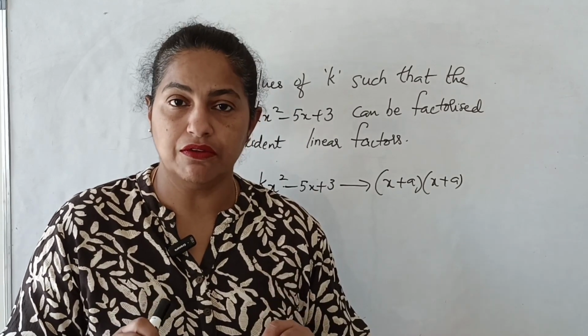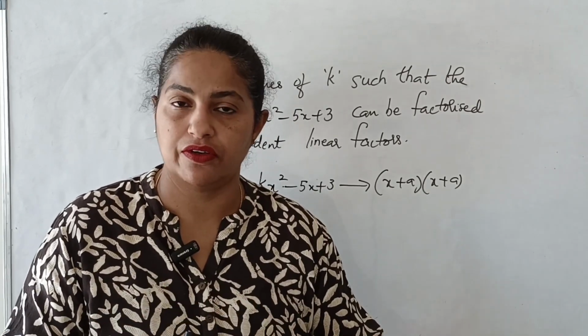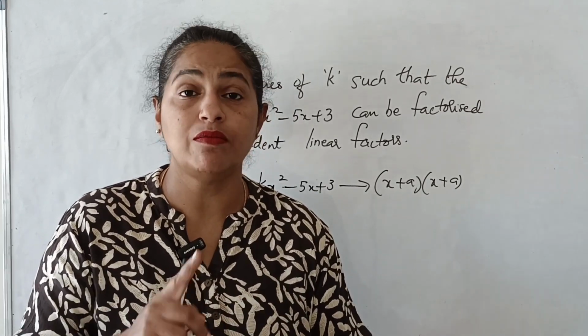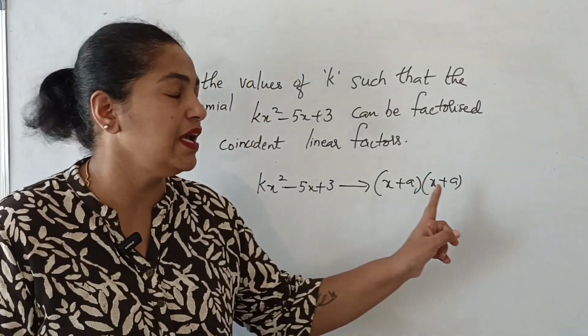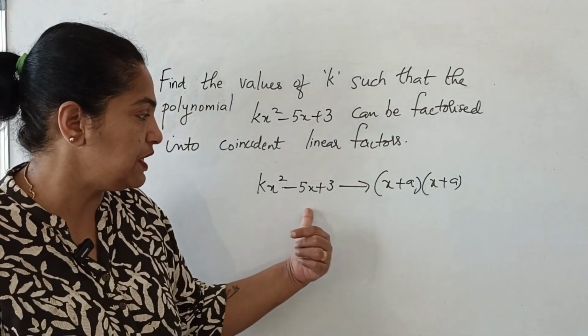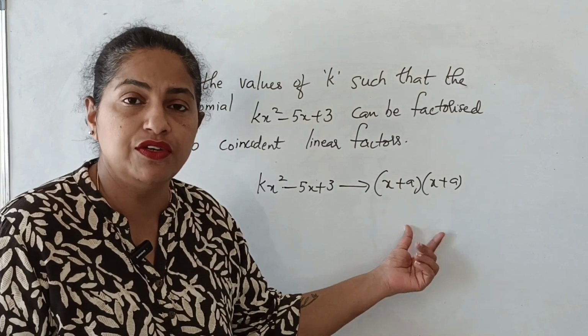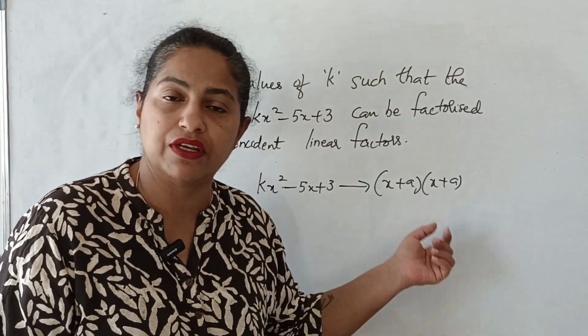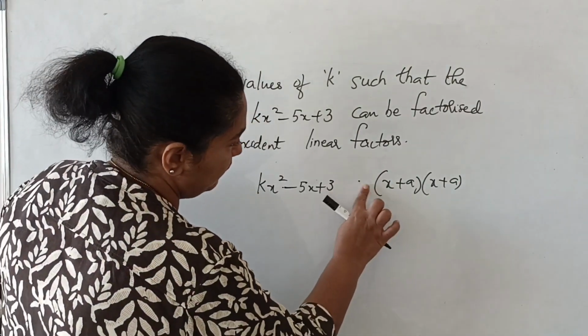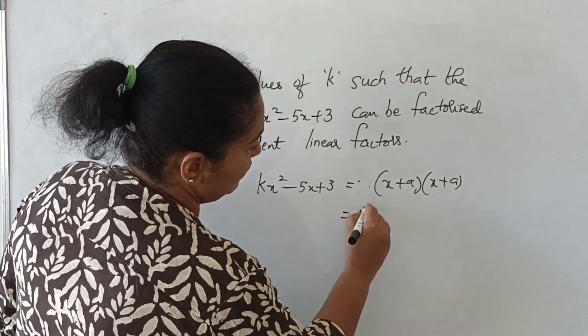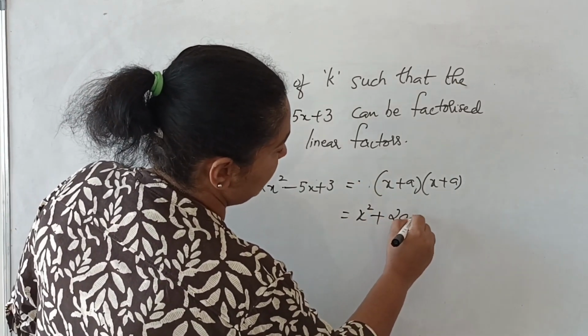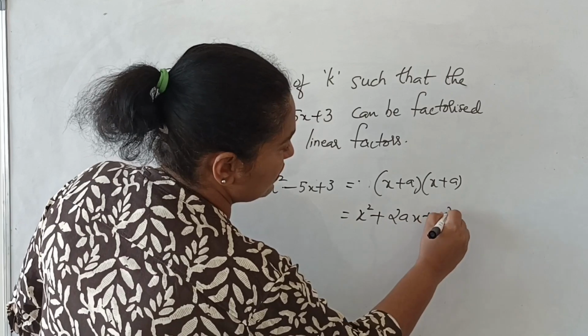Because it is a quadratic equation, I know I will have two linear factors. I am writing the linear factors, and because they are coincident, x plus a and x plus a. So this particular polynomial can be factorized into these two coincident linear factors. Okay, so this is equal to x square plus 2ax plus a square.